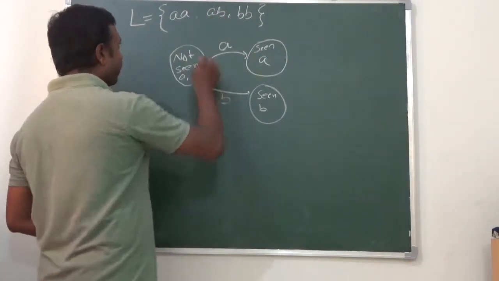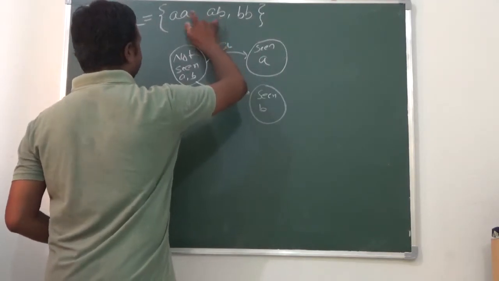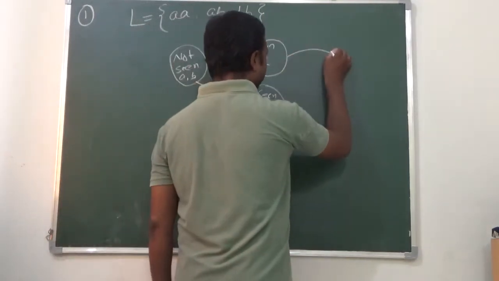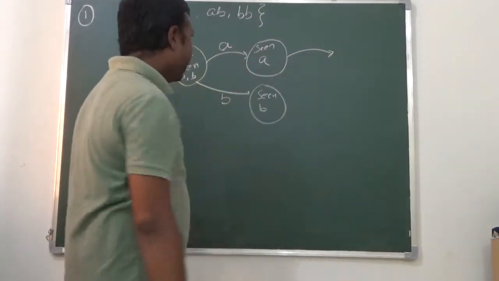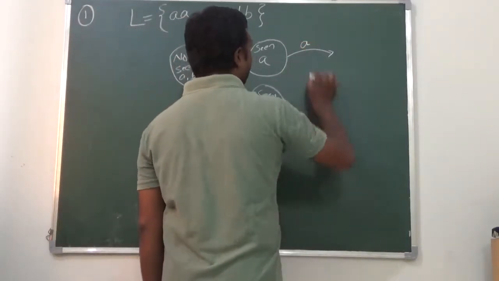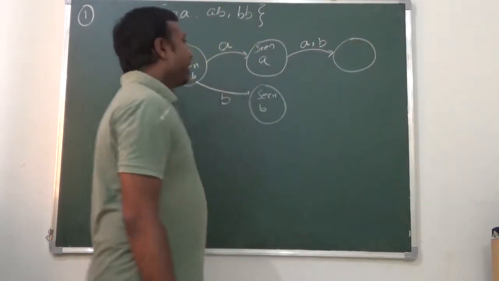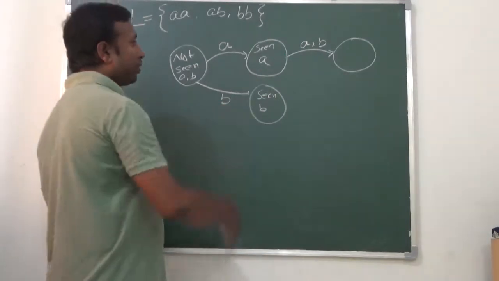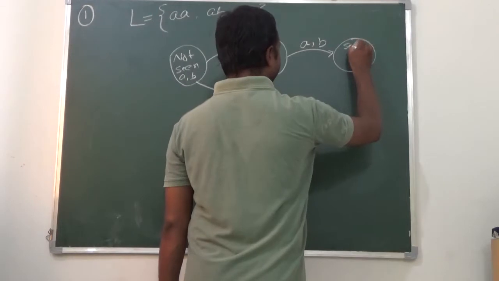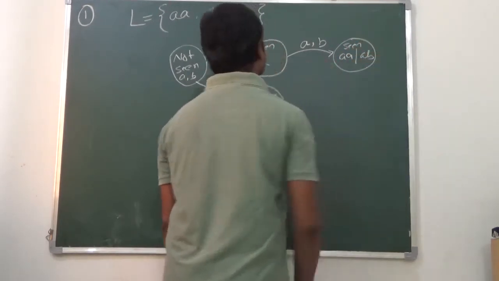Now the next symbol, if you have seen A, then both are permittable. That means the next symbol may be either A or B. So you can go to the state where you have seen either AA or AB, right?